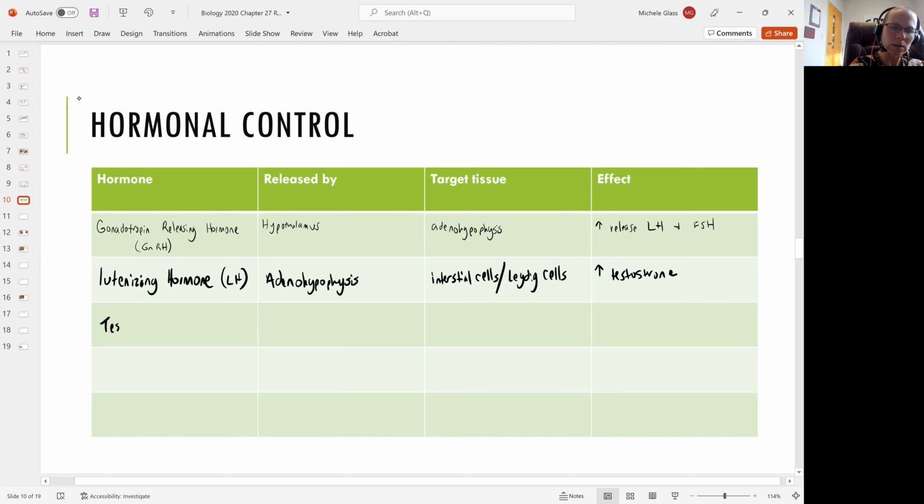So let's go ahead and talk about testosterone as being released by the interstitial cells or Leydig cells. And the target's going to be widespread, because we're going to see testosterone is important in what we've described as secondary sex characteristics.